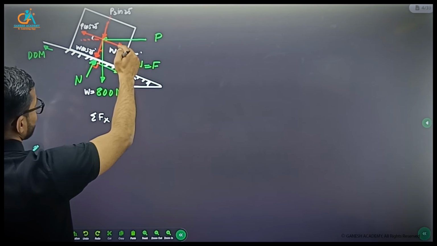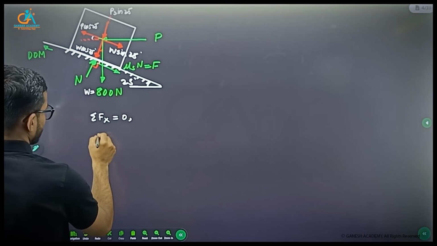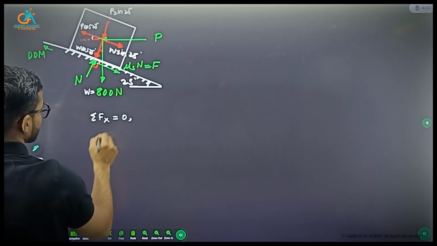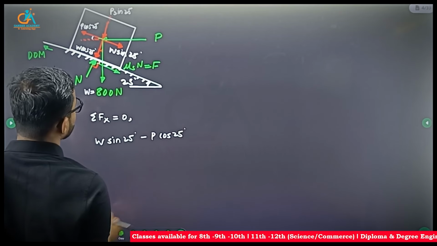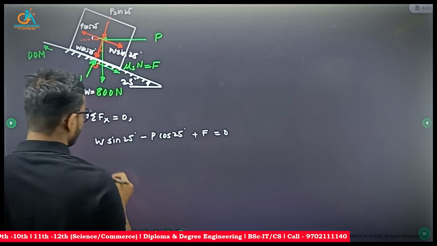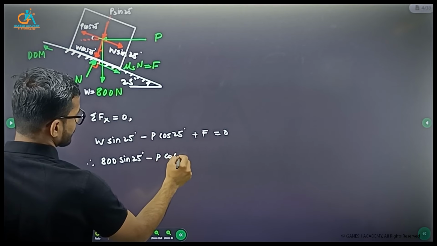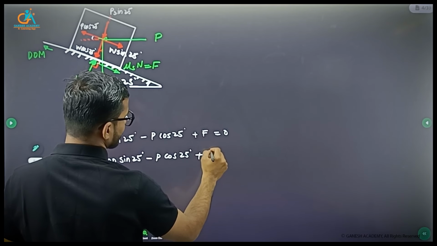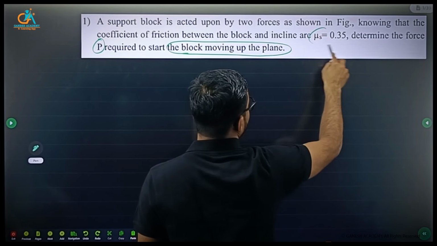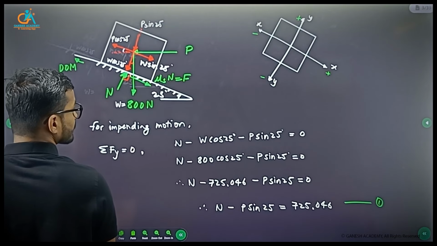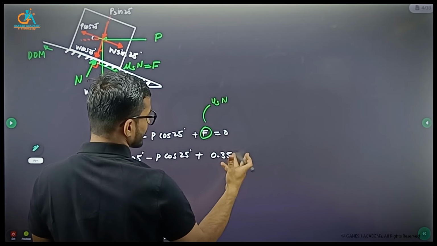So W sin 25, P cos 25, and this frictional resistance or friction force F. So this is towards the right, positive direction, W sin 25, then minus P cos 25, and then F positive, where W is 800, P is unknown, and F is mu into N, where mu is 0.35, into N.